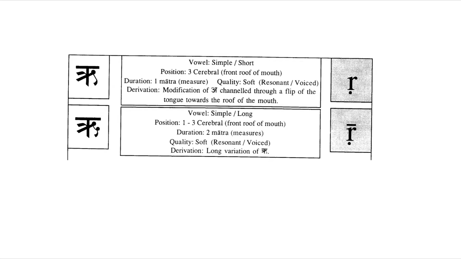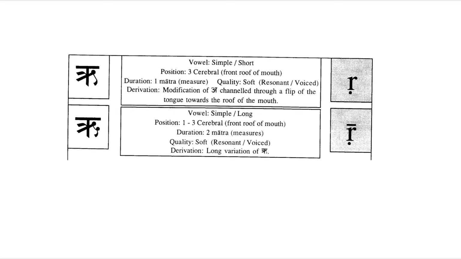What is it that makes a letter a vowel? A vowel can be pronounced independently. R is pronounced independently. A vowel also enables you to pronounce a consonant. Take, for example, the consonant ka. Ka cannot be pronounced without a vowel. Try to pronounce ka without a vowel.